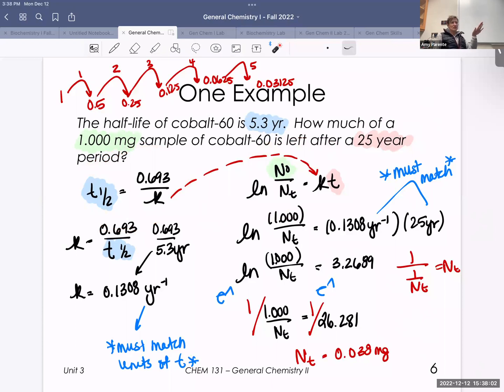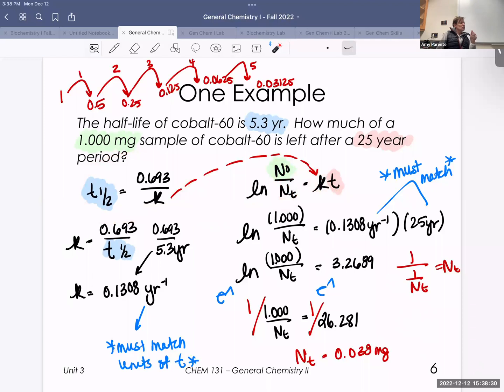So don't waste time putting equations down on your card because those are provided. But you need to know which of these 4 variables we're solving for: how much you start with, how much you have now, how much time has passed, and then the rate constant. That's a constant, but you might have to use an equation like this to convert a half-life that's given to a k value, okay?